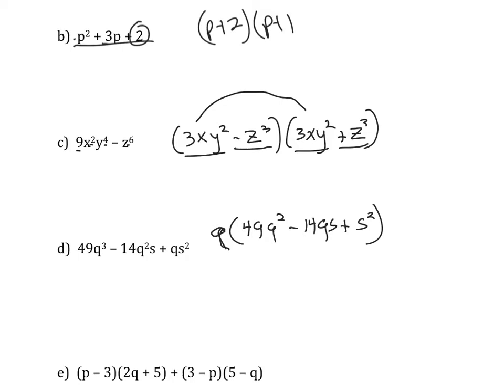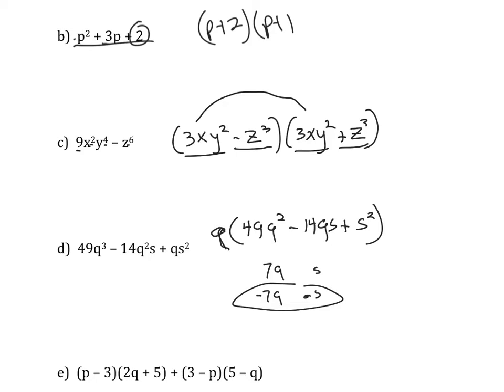The square root of 49q squared is 7q, or negative 7q. And the square root of s squared is s, or negative s. So when we look at these two, negative 7qs, we're going to end up with a negative 14qs. So this works as a perfect square trinomial.